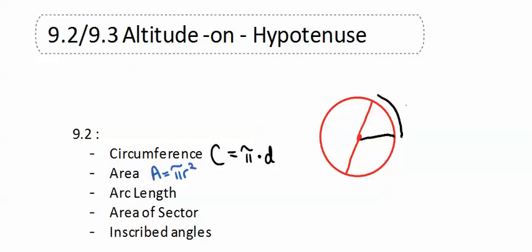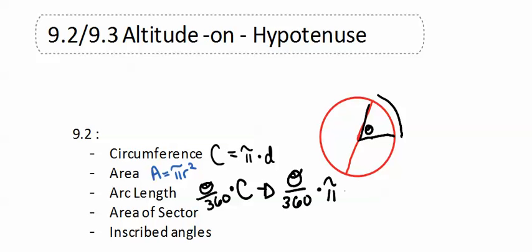And how you calculate the arc length is that you'll need to know the angle formed from the center by two rays. And you're going to take that angle and put it over 360 and then multiply it by the circumference. So in other words, the angle divided by 360 times pi times the diameter.